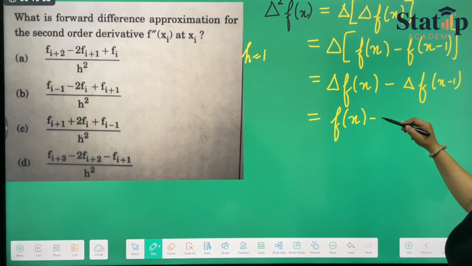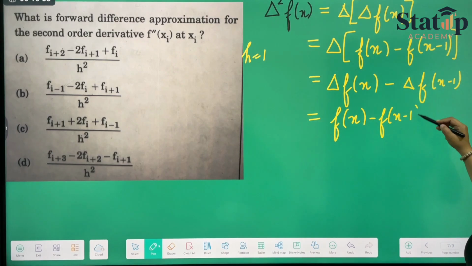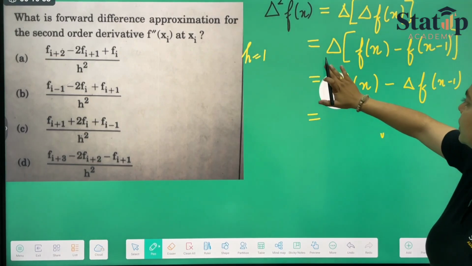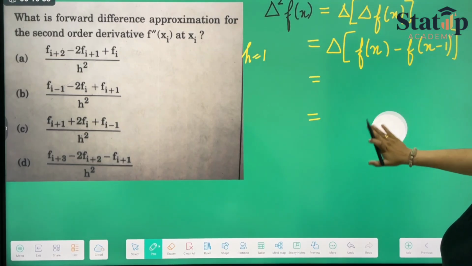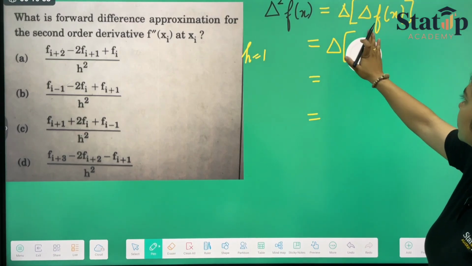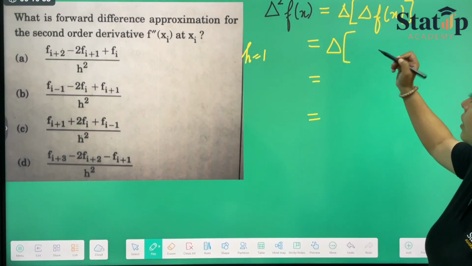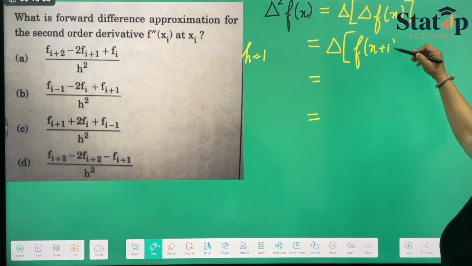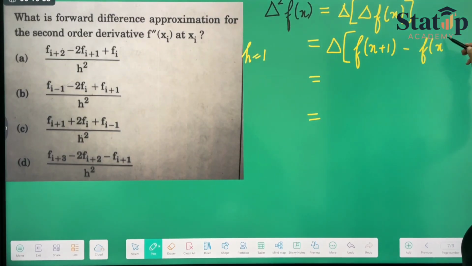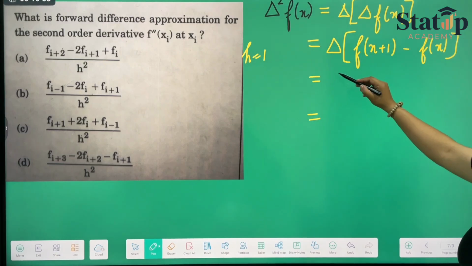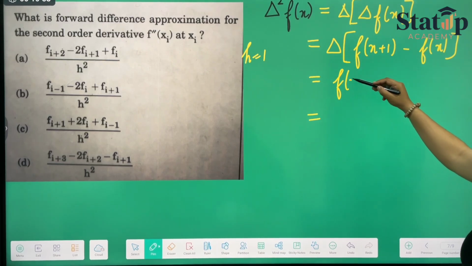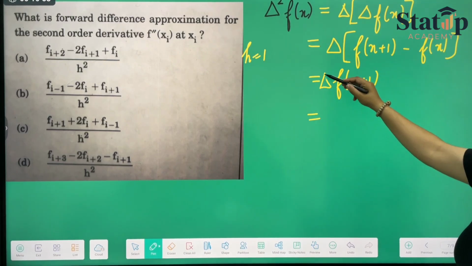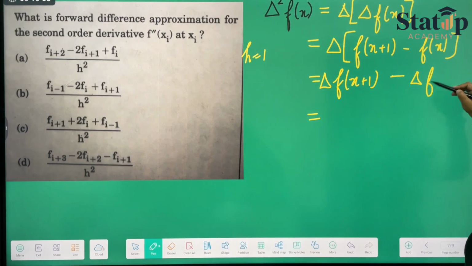Fx minus fx minus 1. Okay, we have done it. We have calculated for delta fx minus 1. Delta of fx will be delta fx plus 1 minus fx. When we multiply it inside, it will be delta fx plus 1 minus delta fx.